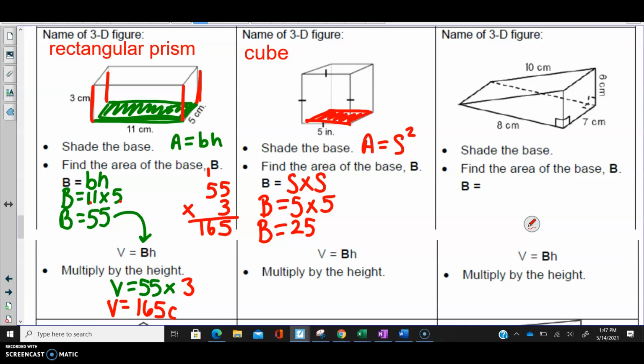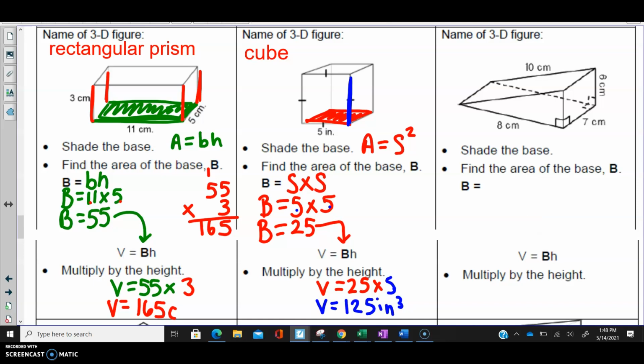Now we plug that in for big B. So we get V equals 25 times the height of our 3D shape, which, since this is a cube, is also 5. We get 125 inches times inches times inches, so inches to the third power, or inches cubed.